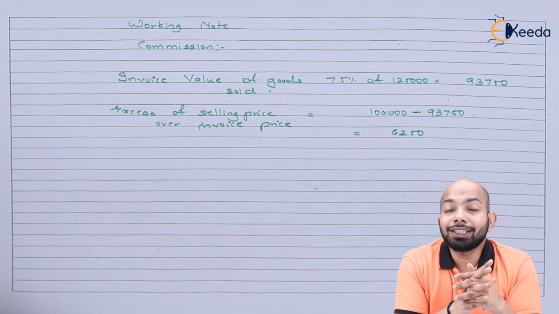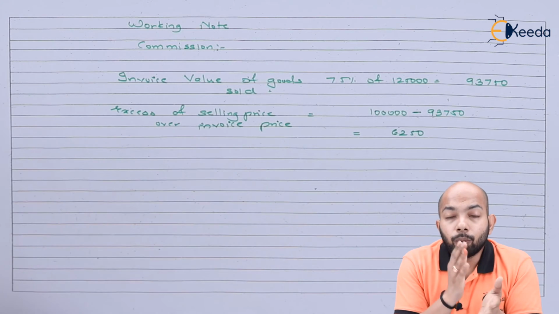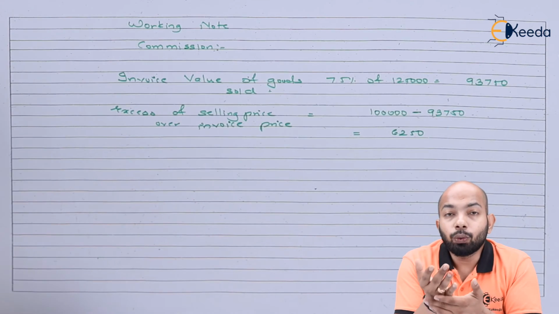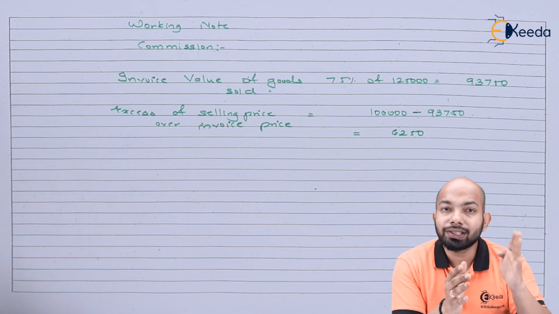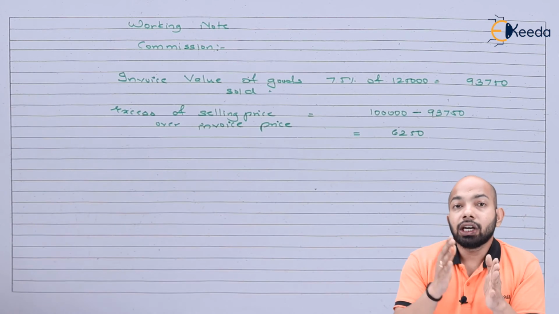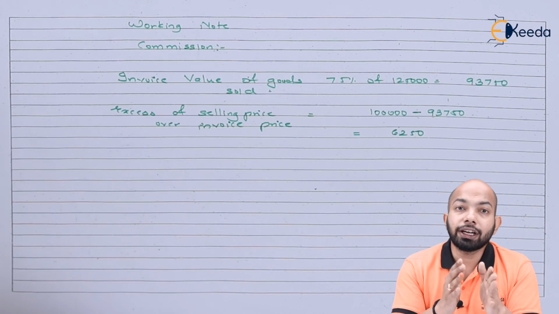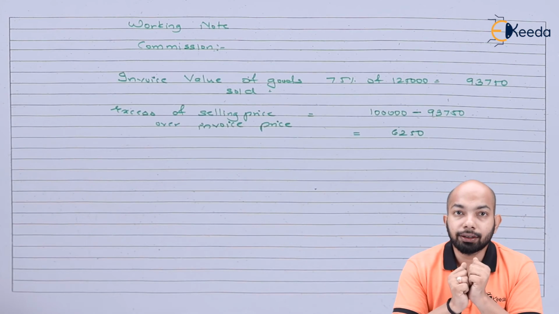Now this is the calculation that we'll do. So when we do the calculation further, we'll get the calculation in two parts: 10% on the invoice price, that is 93,750, and 25% on the balance 6250. That will give you the total commission here.